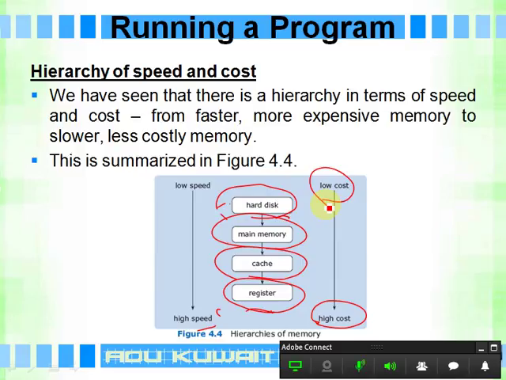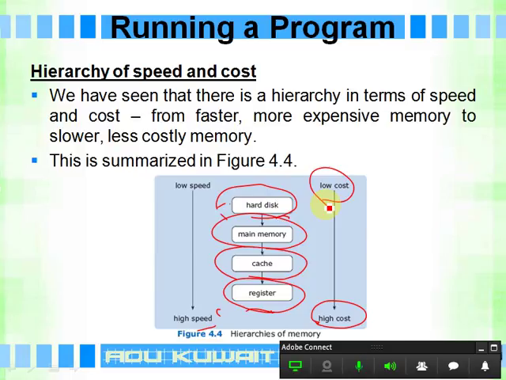You can check in the market how it is, right? If you buy a hard disk of 500 GB, you may get it for 200 Riyal. For 200 Riyal, you cannot get a RAM, the main memory, of 500 GB.